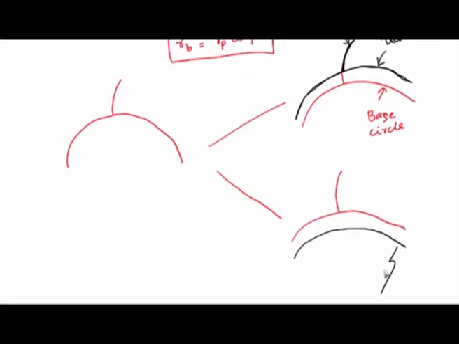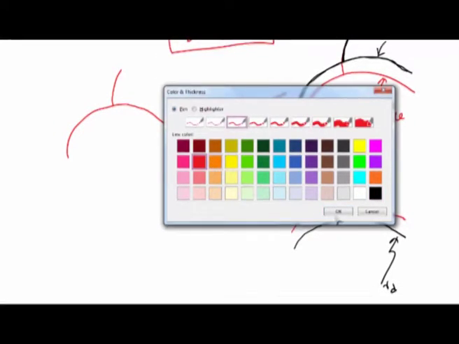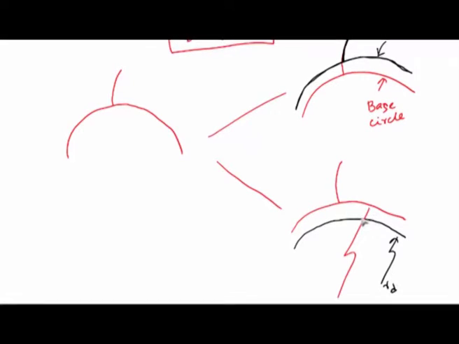Again, this is RD, the dedendum circle, and this is RB, the base circle. This is the case where the base circle is more than the dedendum circle. So now you have a problem.